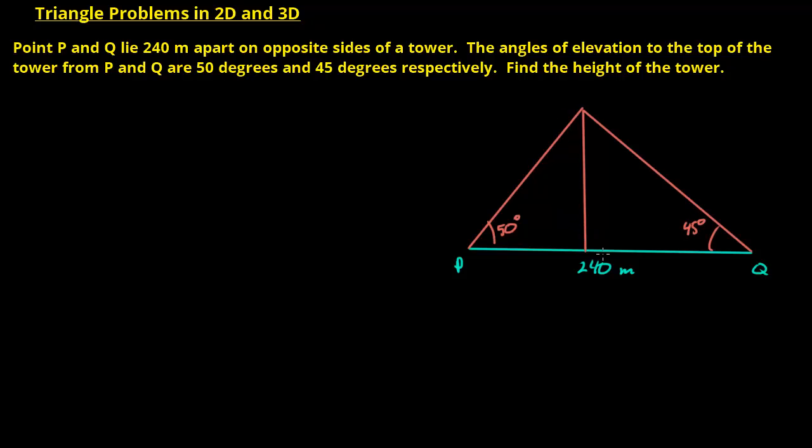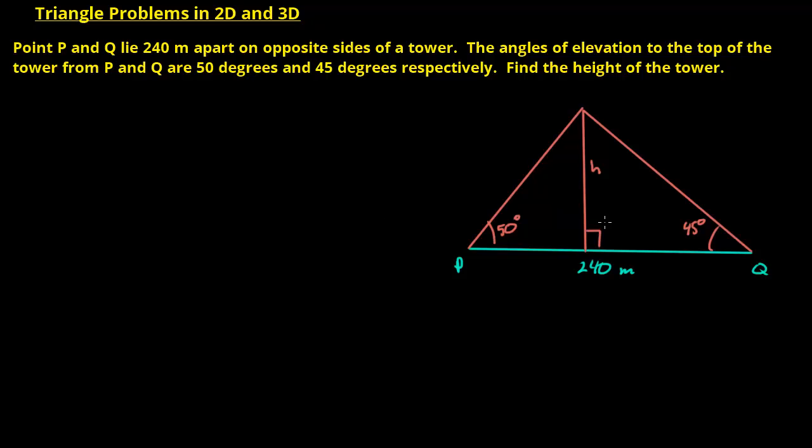And since we're drawing the height, we assume that the tower is vertical, that the tower isn't leaning at all. So this is a 90-degree angle. And now we're tasked with figuring out the height of the tower, and the height is this dimension h. Now there's a couple different ways to do this problem.